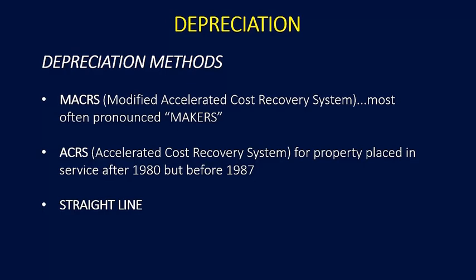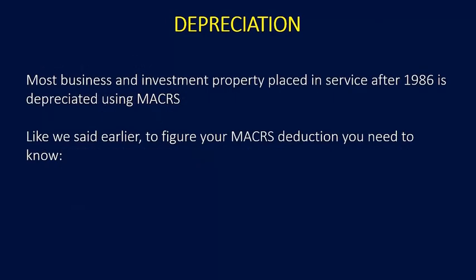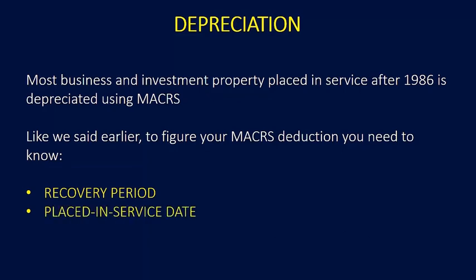And there's straight-line depreciation. Most businesses and investment property owners that have placed their property in service after 1986 use the depreciation method MACRS. And like we said earlier, to calculate your MACRS deduction, we need to know the recovery period, the placed in service date, and a depreciable basis.